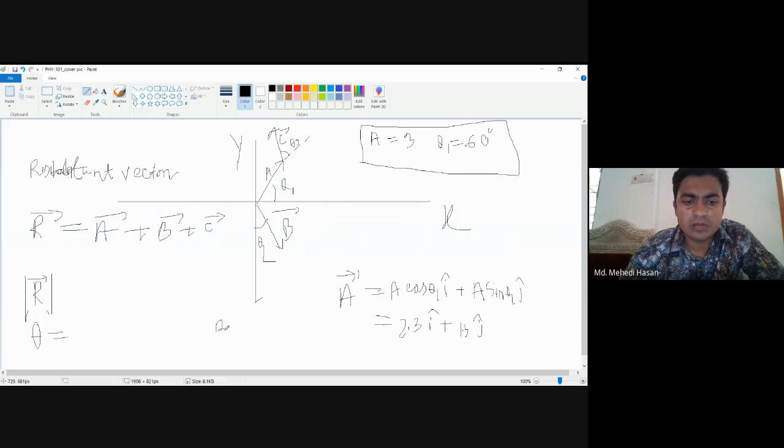Then in case of the B vector, a similar procedure. The magnitude of B is, say, 5, and theta 2 is given 30 degrees. In this case you can follow two ways.